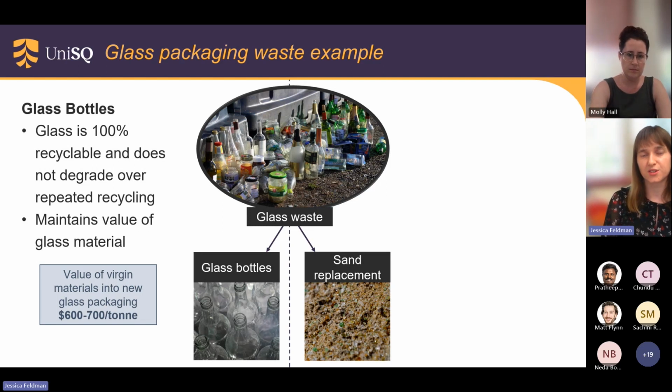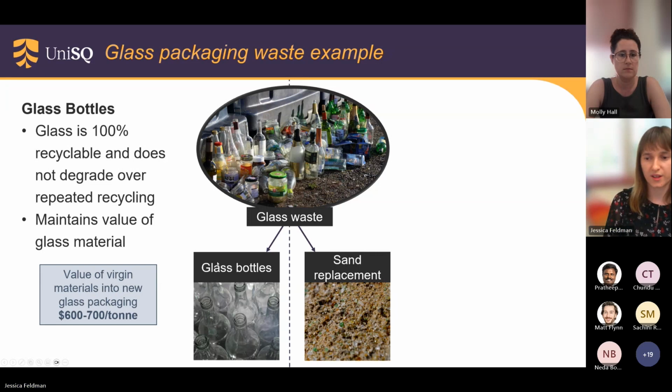Plastic, when it's recycled over time, loses some of its properties, and eventually it can't be reused again as a packaging plastic, whereas glass doesn't have this problem. Because of this, recycling glass back into glass maintains the value of that glass material. You can see that the value of virgin materials into new glass packaging is quite high, so this is quite a high value application for that glass waste.